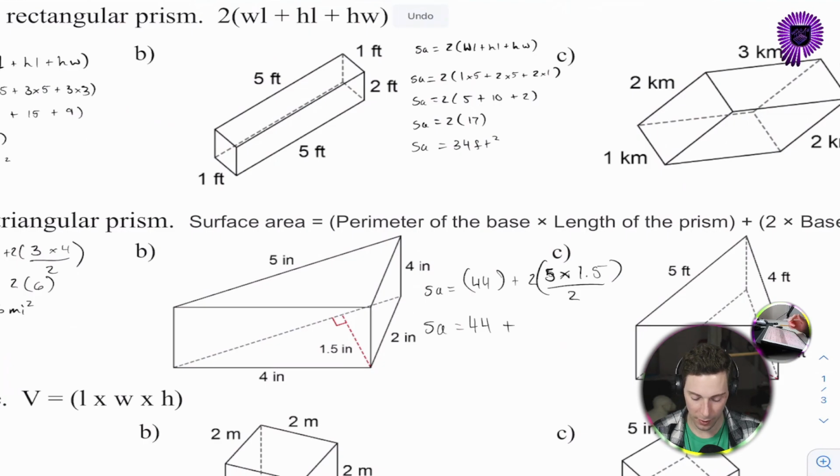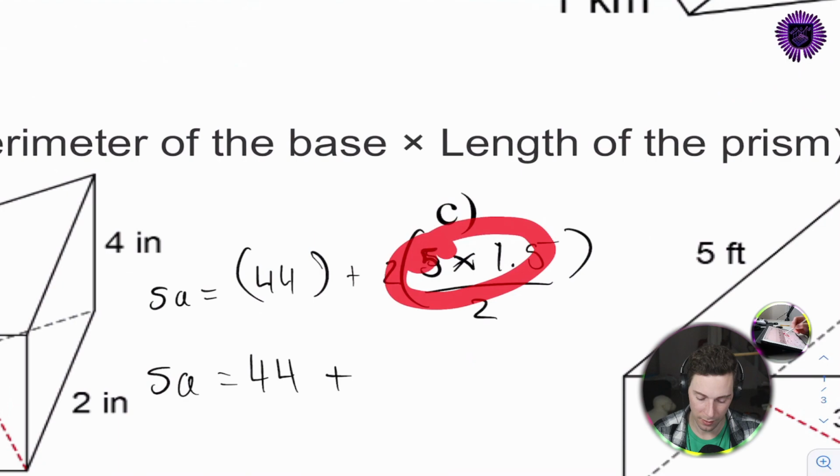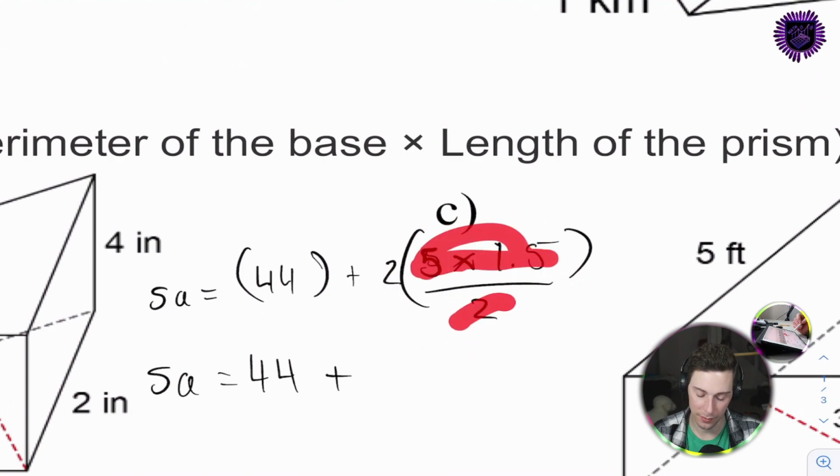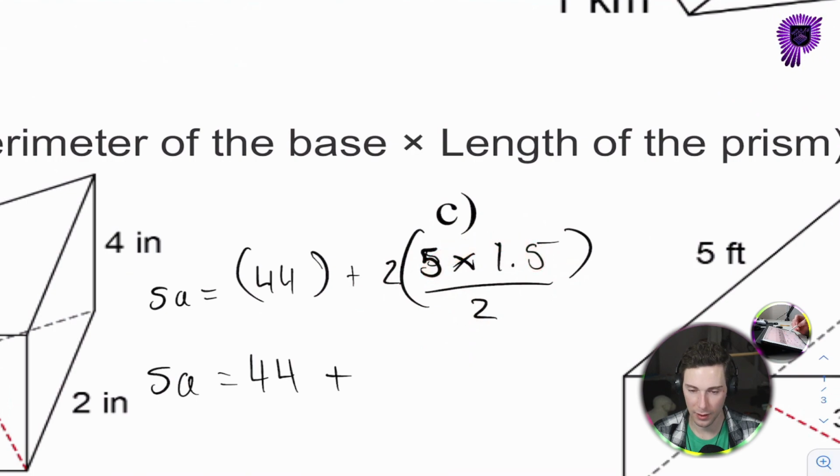All right. So I'm just looking at this here. 5 times 1.5. 5 times 15 is 75. 75 divided by 2 is 37.5, so 3.75 times 2.